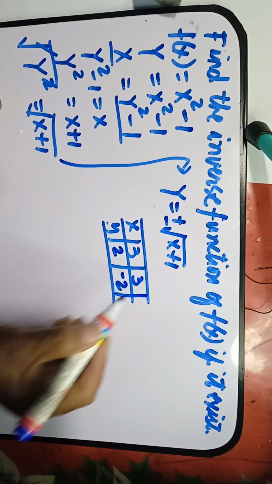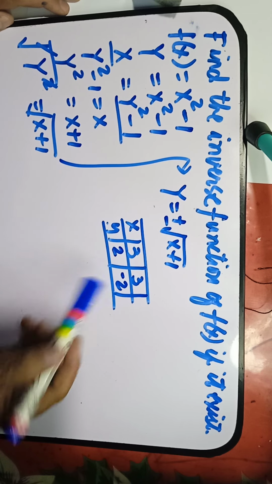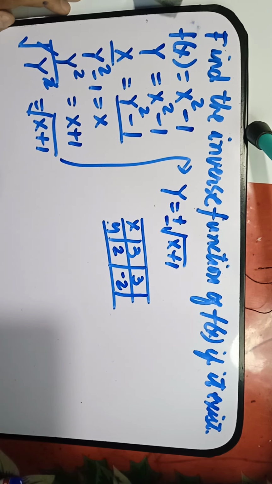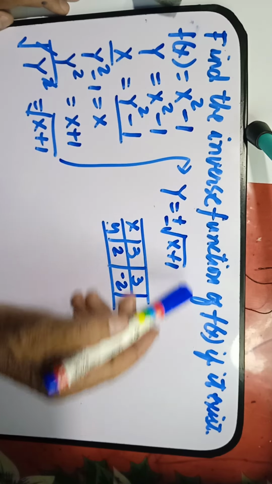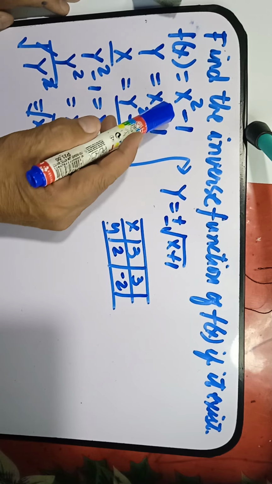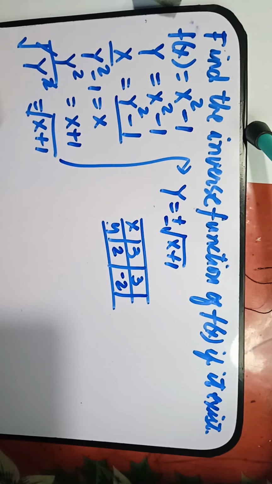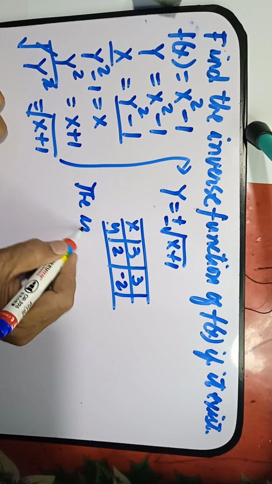That is the same 3. Therefore, it is no longer a function because there are two values of y for only one value of x. So, the inverse function of f of x equals x squared minus 1 does not exist. So, the inverse function does not exist.